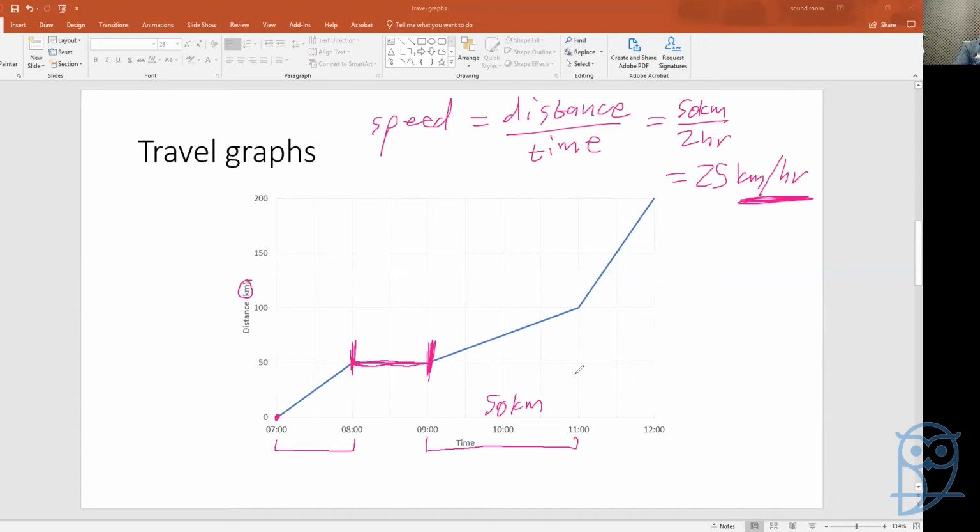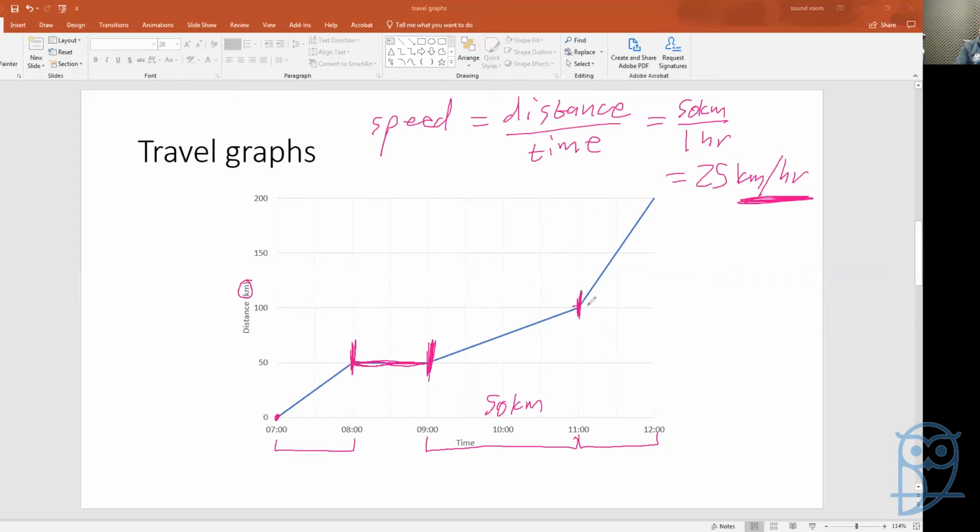All right. The family reached a motorway at 11 a.m. So now we're looking over here. What was their average speed for the next hour? Well, the next hour is 11 to 12. What's their average speed? Well, the time is not 2 hours. It is now 1 hour again. And how far did they travel?